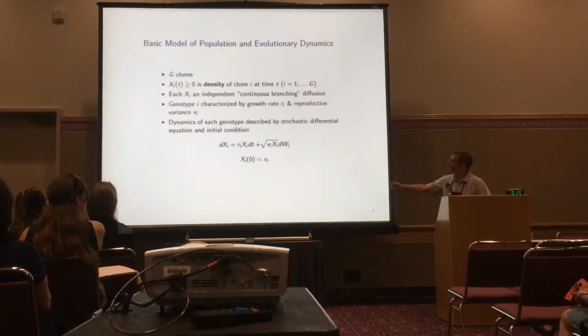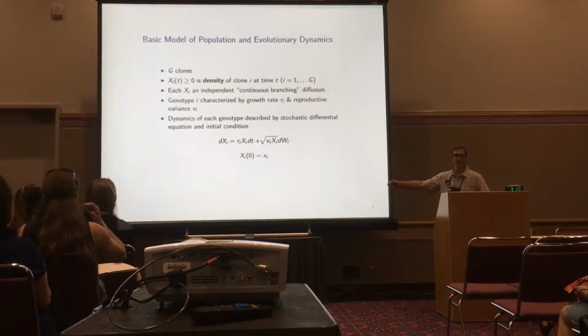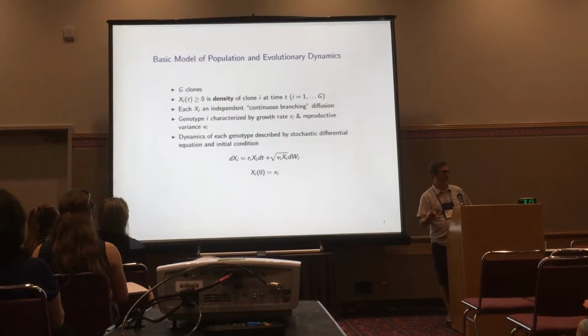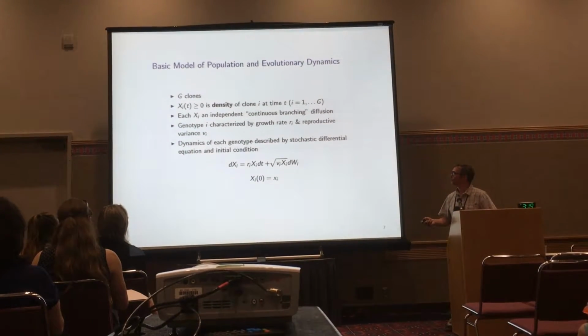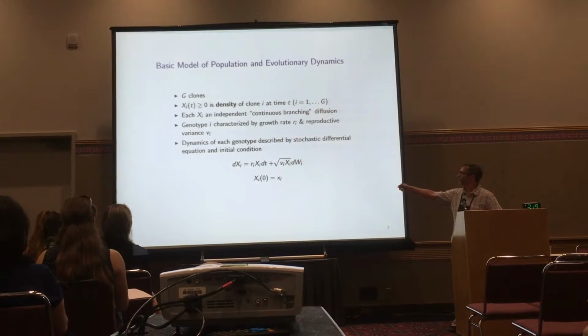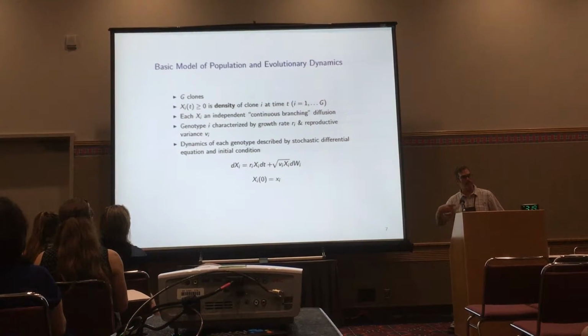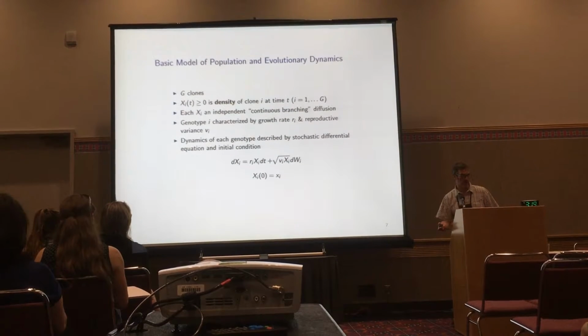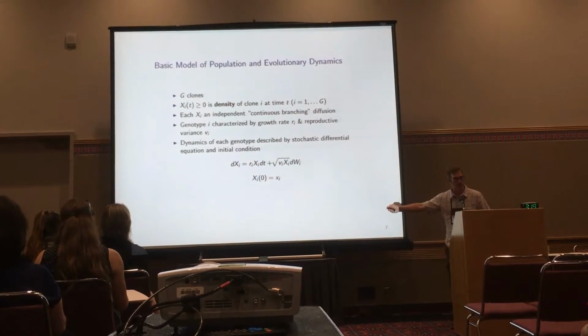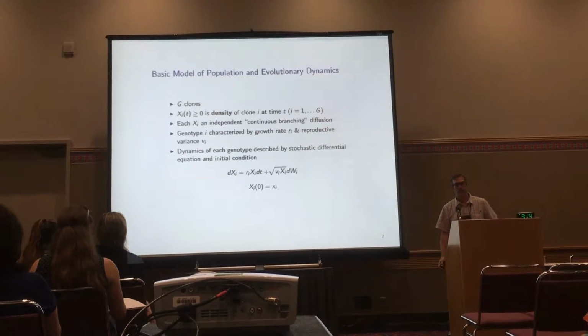And each genotype was characterized by an intrinsic rate of growth, that's a per capita expected number of offspring, and also what's called a reproductive variance, the variation in reproduction. So what you get then is a system that's described by this stochastic differential equation.